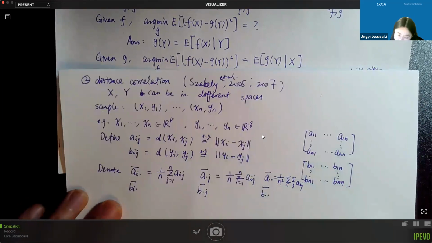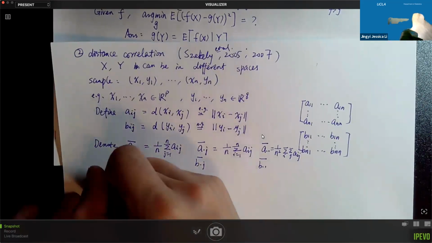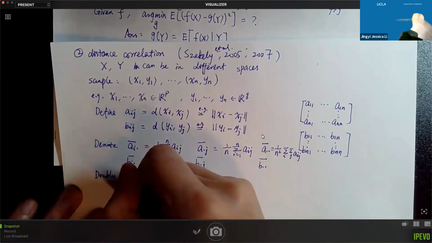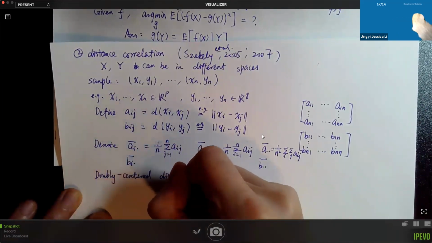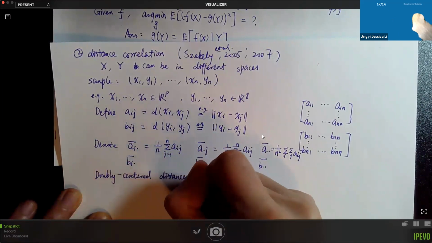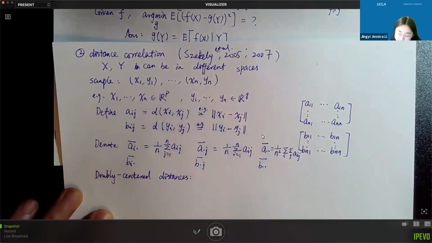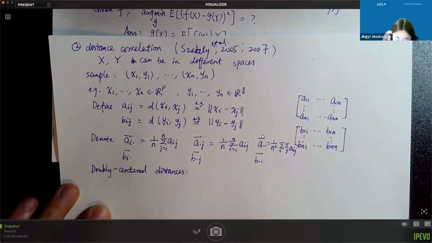With this, I define the doubly centered distances based on the aij's and bij's and their row means, column means, and overall means.